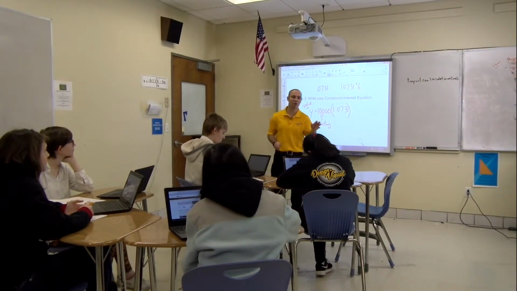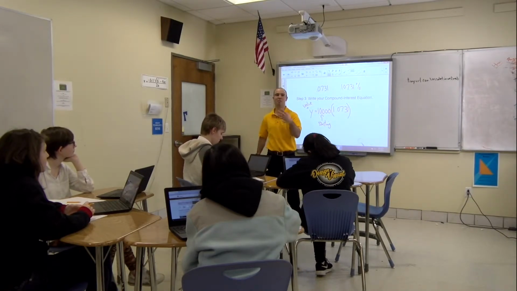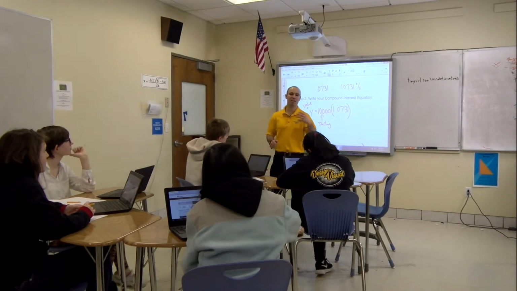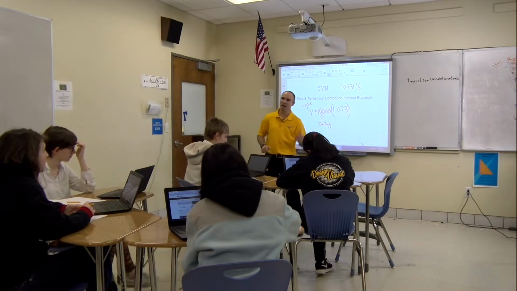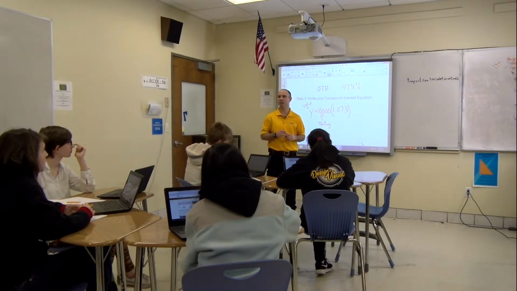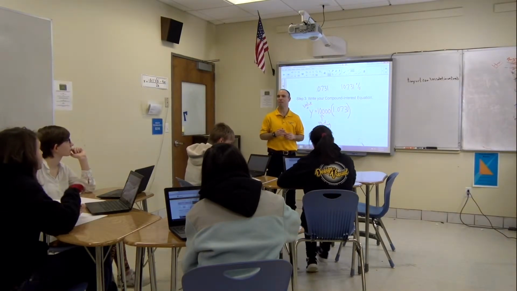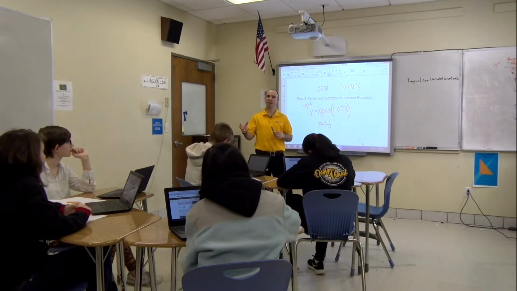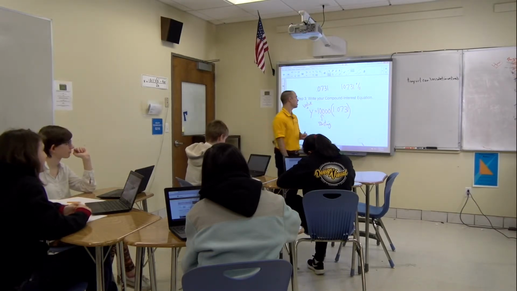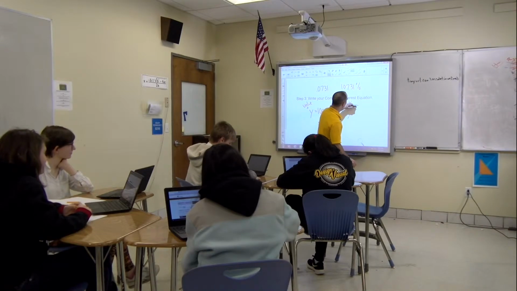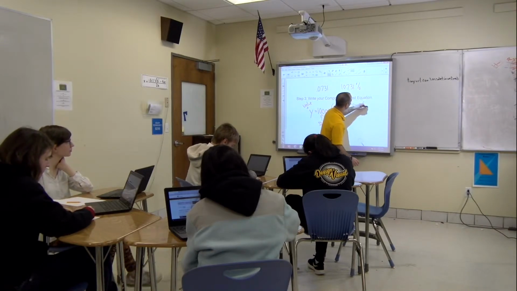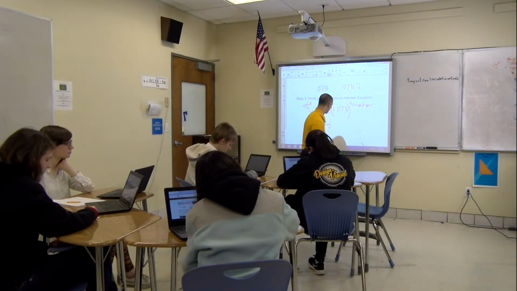Now, how do we show repeated multiplication in math? When you are investing year in and year out, how do we show repeated multiplication in math? We show it with exponents, right? So x is the number of years.